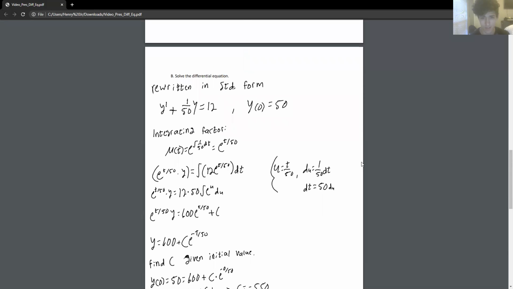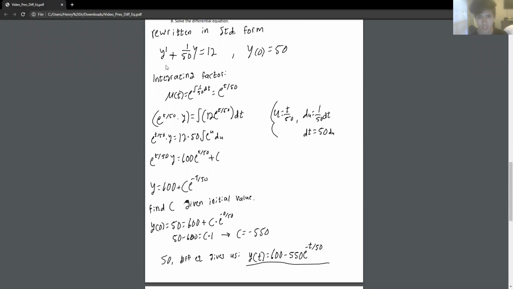And of course the initial condition y(0) is equal to 50. Now we take the integrating factor, which is e raised to the integral of the coefficient attached to y, 1/50 dt. Solving that gives us e to the t over 50.